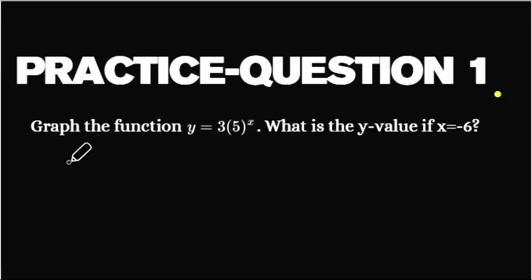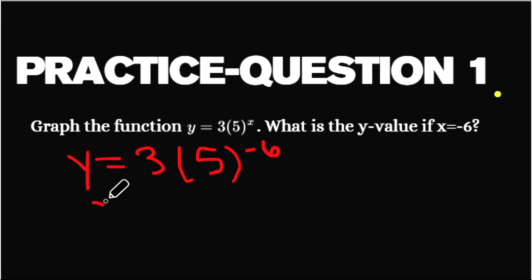I feel like I can actually do this one. It gives us the x value. So we're going to do y equals 3 times 5 raised to the power of x, which in this case is -6. We know what to do with negative exponents now. We go y equals 3 times 1 over 5 to the 6th.